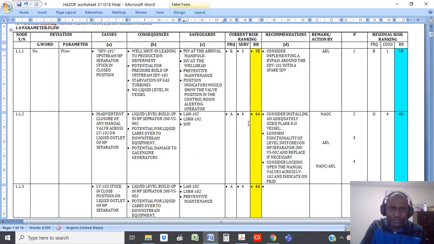And then we've ranked it and asked, what are the recommendations? How could we make this process better? Consider installing an adequately sized flare knockout vessel.